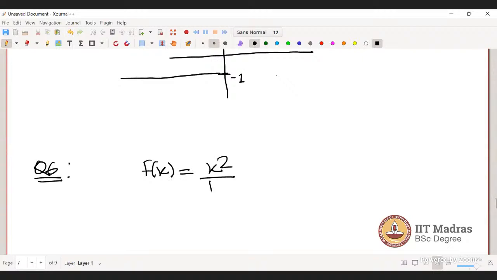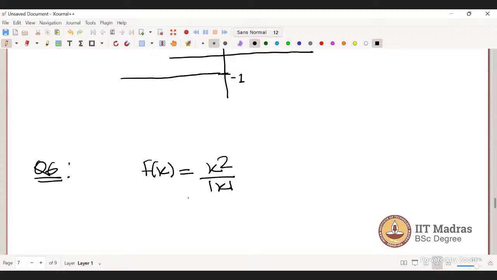It will also tend to infinity only? Yes, true. Okay. But the limit of this function exists at 0, right? Yes, at 0 it exists. At infinity, if you go towards infinity, the value of the function will certainly go towards infinity.